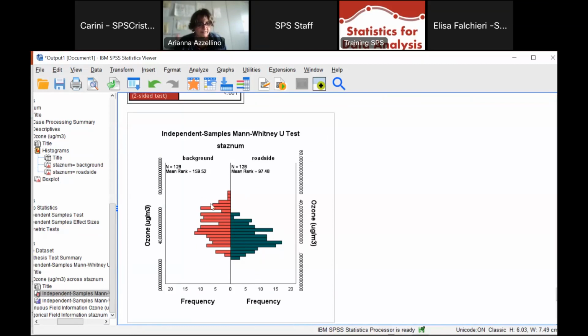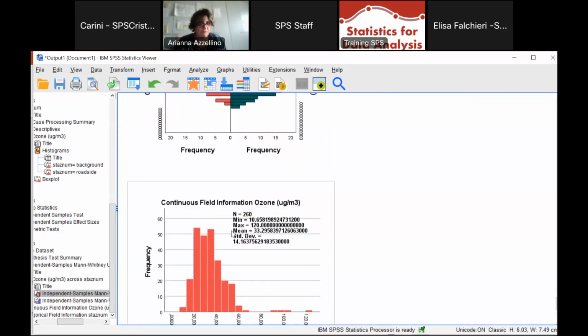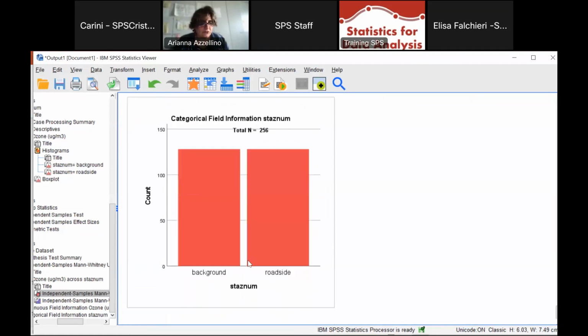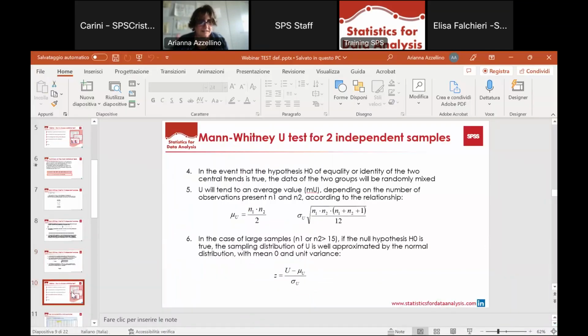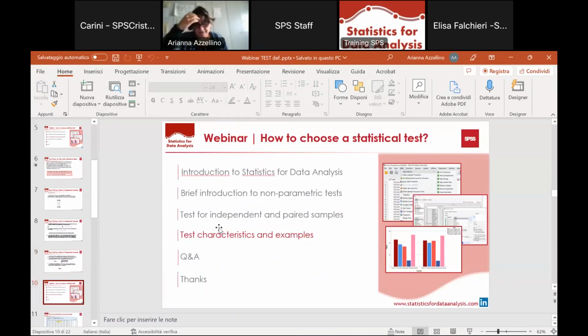So the difference in terms of central tendency is quite evident from this chart. There are also other additional charts, but since we are running late with time, and I also want to discuss briefly the other type of comparison, the pair design, I'm not paying attention to these further details.